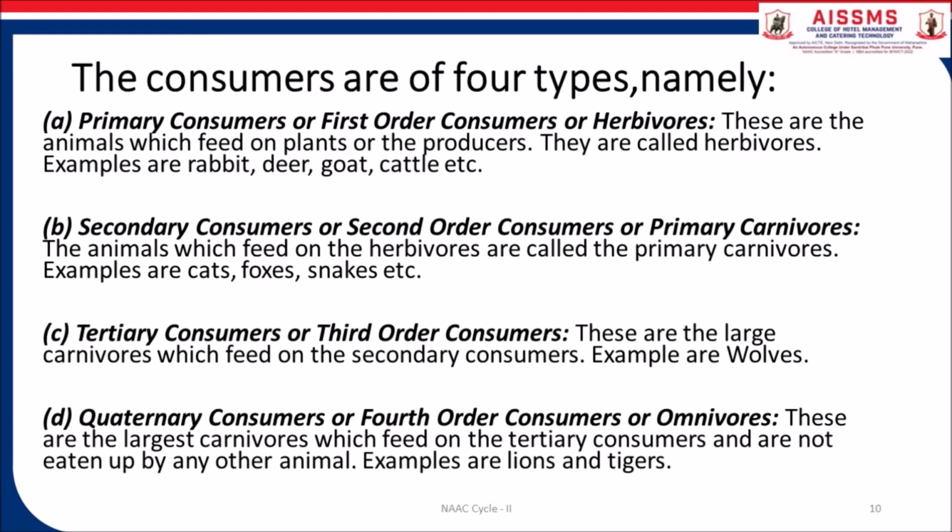Now secondary consumers or second order consumers. The animals which feed on the herbivores are called primary carnivores. For example, cats, fox, snakes, etc. Tertiary consumers or third order consumers. These are the large carnivores which feed on the secondary consumers. Examples are wolves.